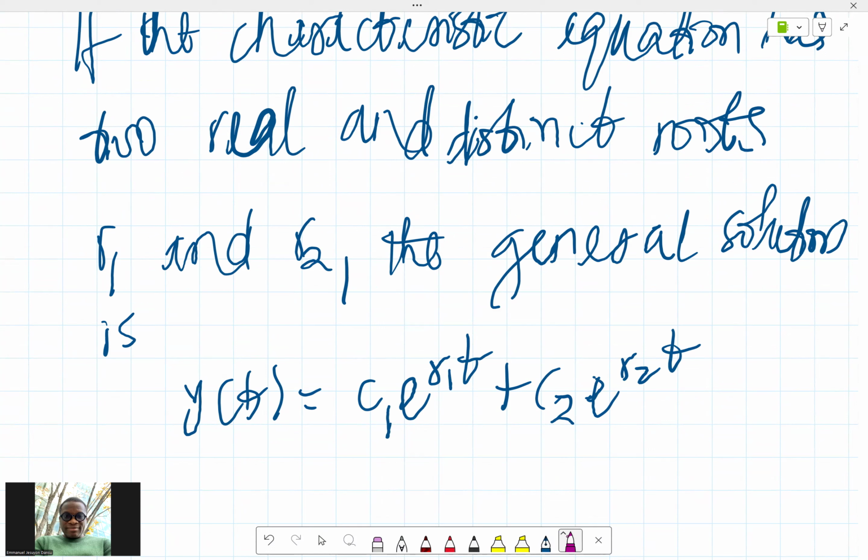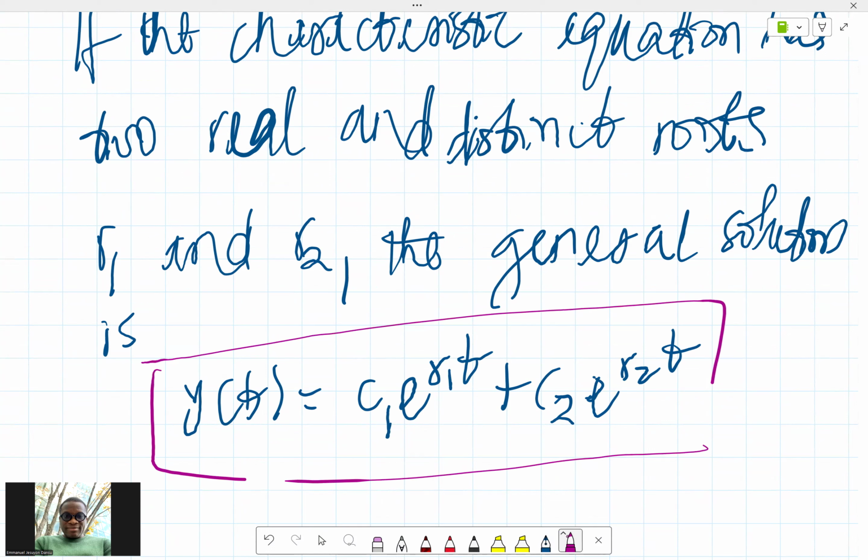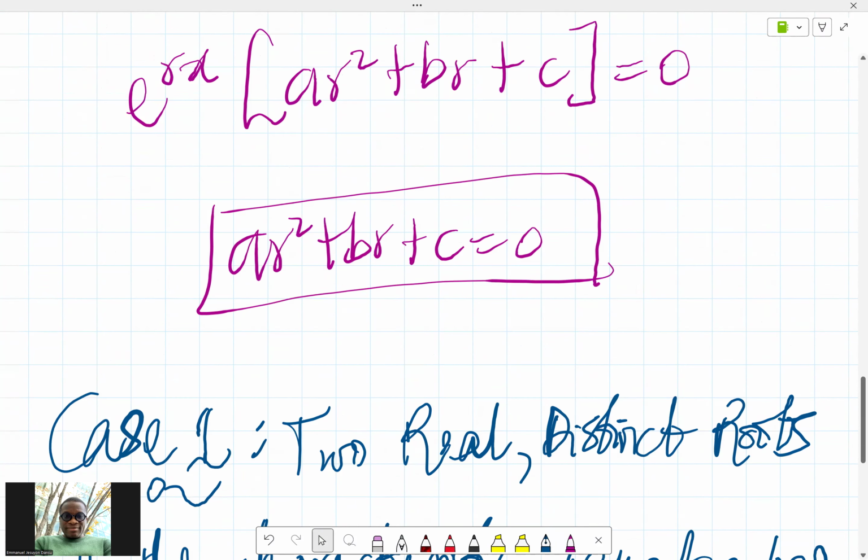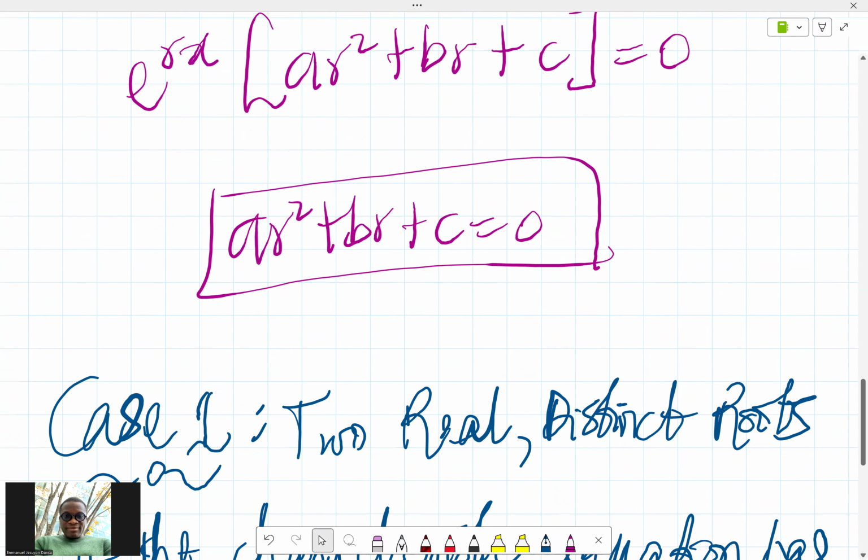This is the solution if you get two unique characteristic values of r.